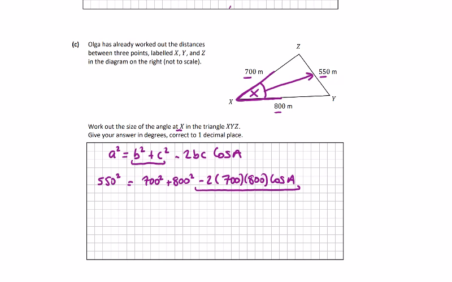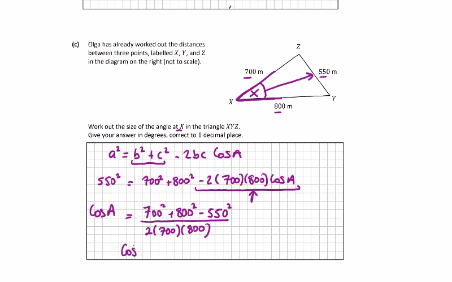If we leave the right hand side alone, we have 700 squared plus 800 squared, and bring across 550 squared. On the left hand side is going to be this expression, so we need to divide by twice 700 by 800, and that would leave the cos of A on its own over here.